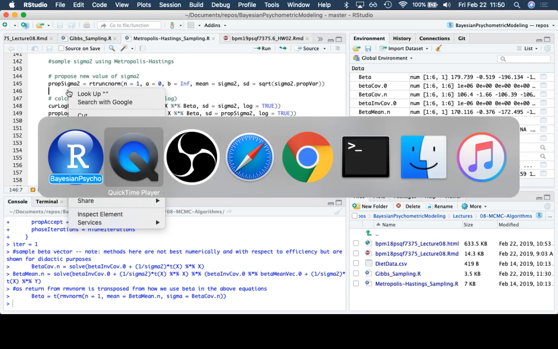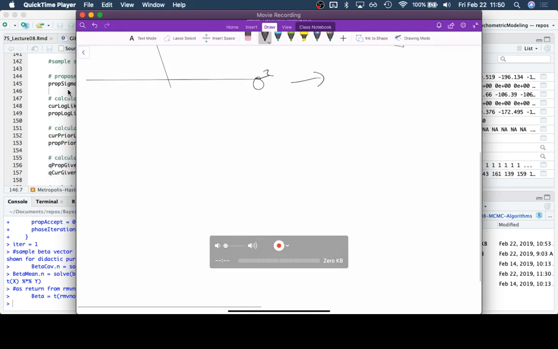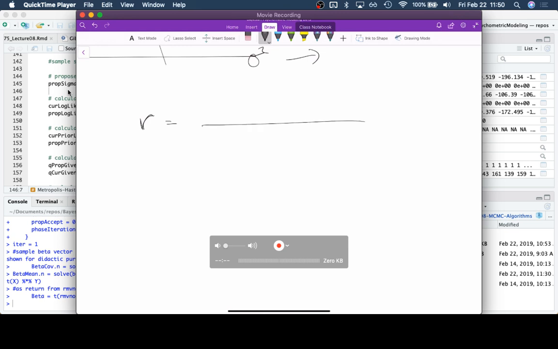But what is the ratio of values? Basically, the probability of this ratio is equal to, in this case, the likelihood of the data given the proposed value of our parameter, times the prior value of our proposed value of the parameter, times the conditional distribution of what our previous parameter would be.